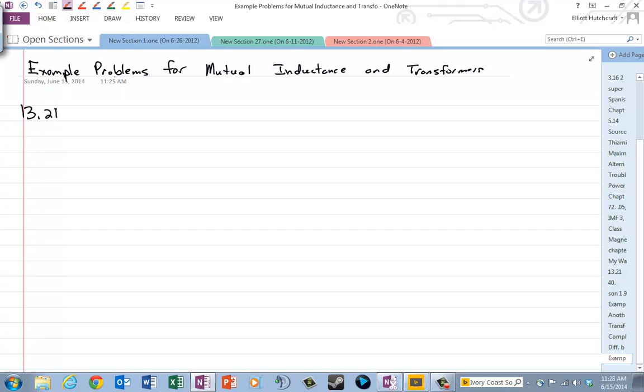in your book. Okay, so this particular circuit has, I think, pretty much everything you would sort of need to know with mutual inductances. It's got several inductors here.